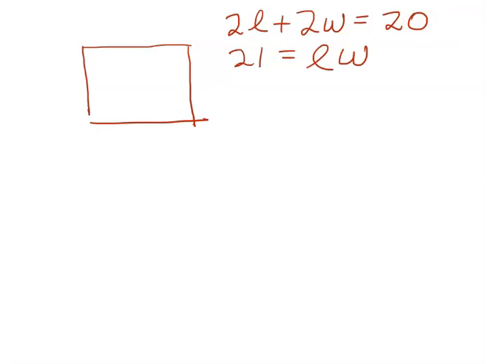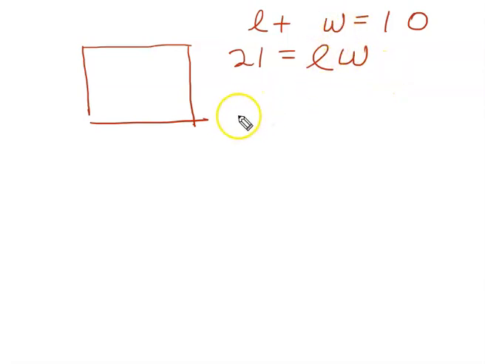Let's see what we can do here. So the first thing, I think you'd all agree that I can divide this equation by 2, and then this would give me length plus width equals 10. We're allowed to do that.